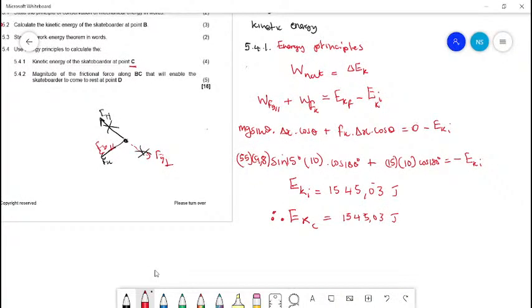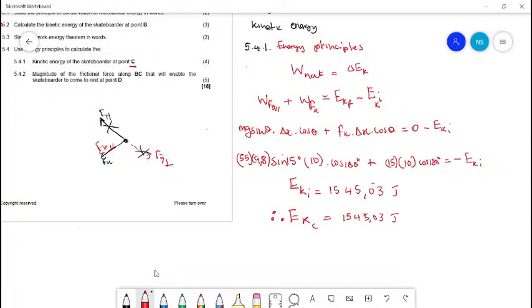Okay, so let's look at the last question, 5.4.2. To answer this question, it's very simple and you use the same procedure as almost all the types of questions that you'll get in your exams for question 5.